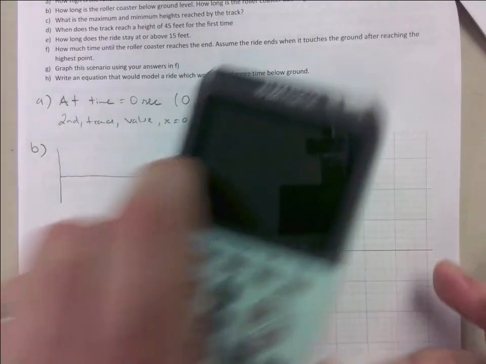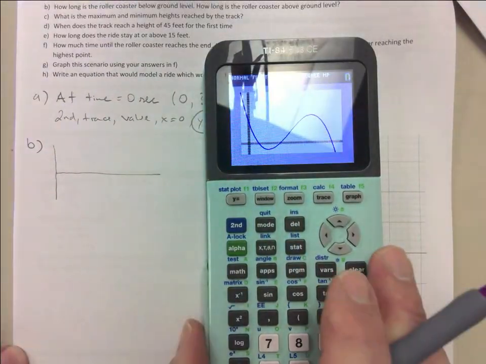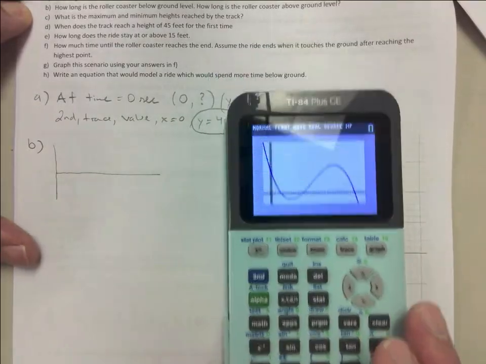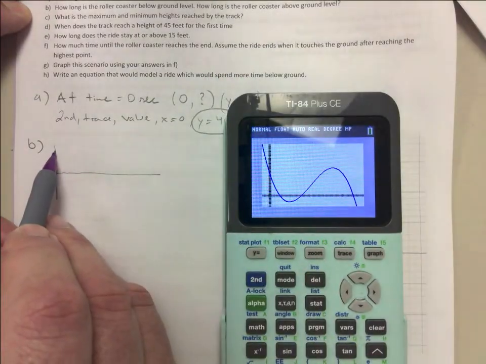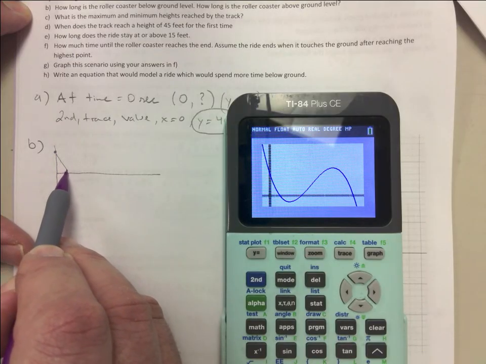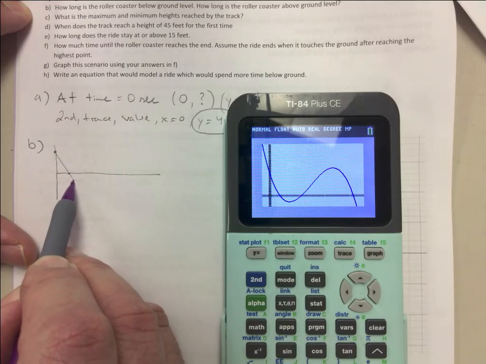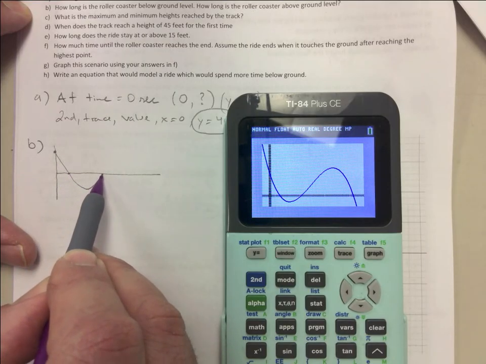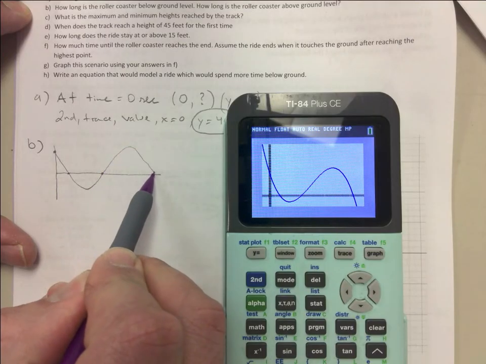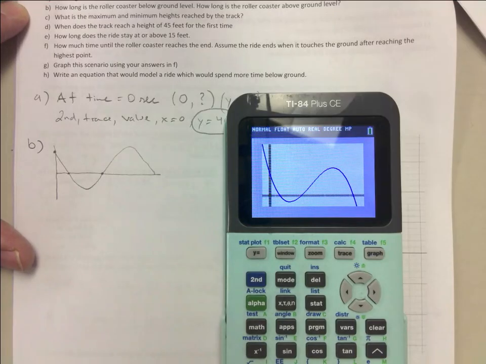And I'm going to mimic what I see on my screen. This is only a sketch, so don't worry if you don't get it right 100%. So I'm just going to say it starts here at time 0. At this point, it goes underground, then goes back to ground level, goes up, and then stops here.